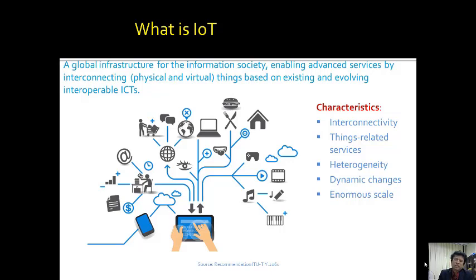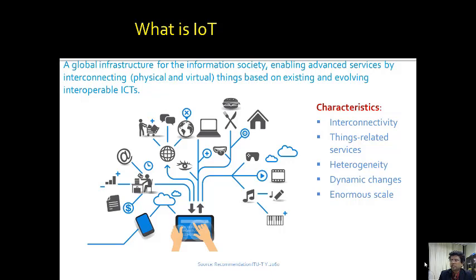The state of the devices change dynamically. That means, for example, the devices will be sleeping, waking up, connected or disconnected, as well as the context of the devices, including location and speed, can change. Moreover, the number of devices can change dynamically.